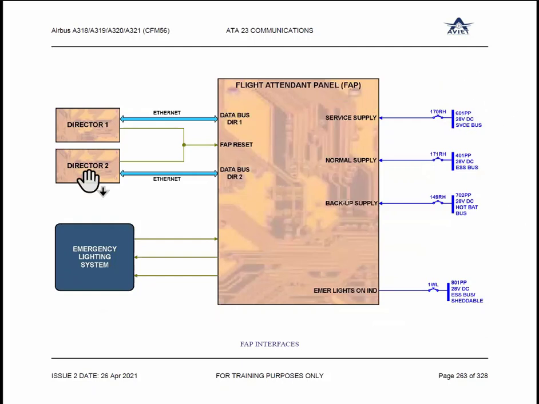It got the supply from 3 places: service bus, essential bus, spot bus. 3 buses are providing supply to the FAP now. I think this is additional supply. Spot bus 2 is additional supply in the FAP because now it has interface with the smoke as well. And connection is with Ethernet buses.